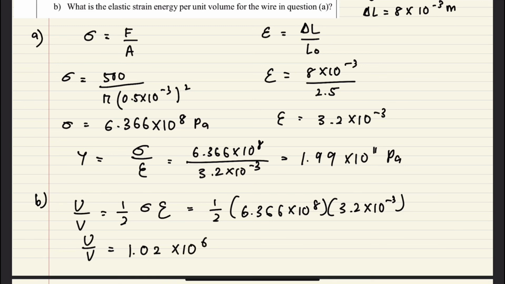So my strain energy per unit volume is 1.02 times 10 to the power of 6 joule per meter cube, because this one is per volume.